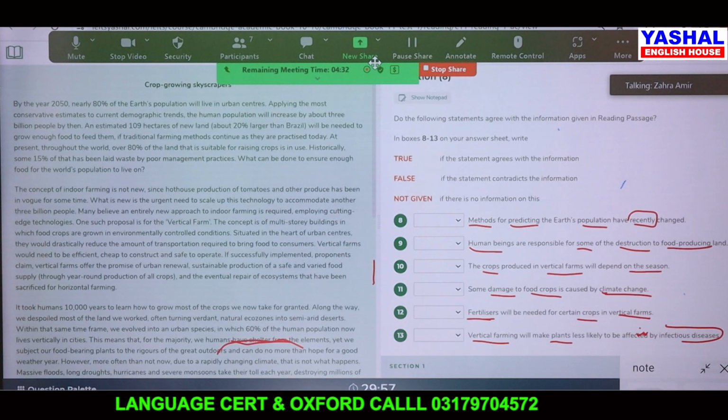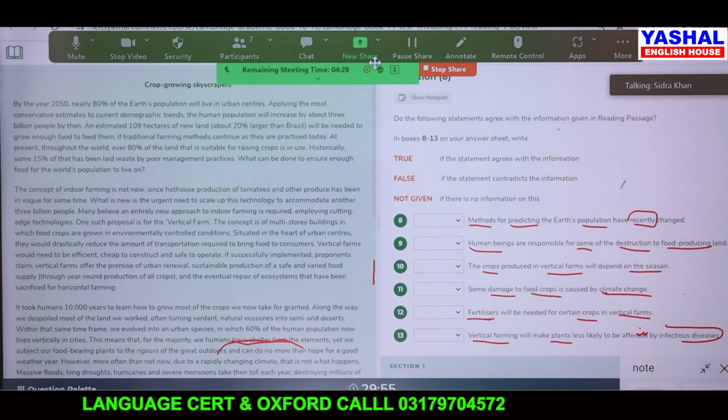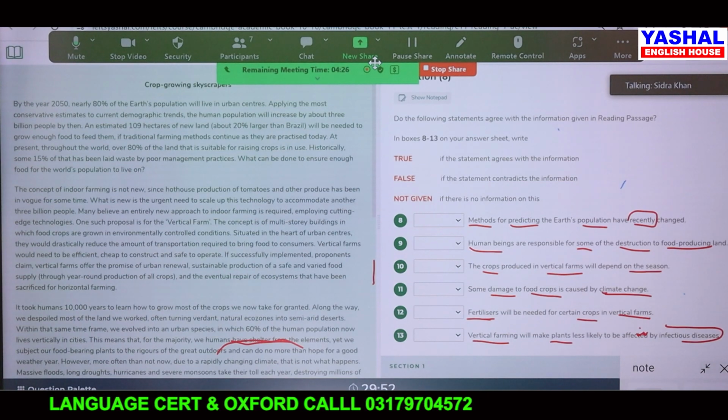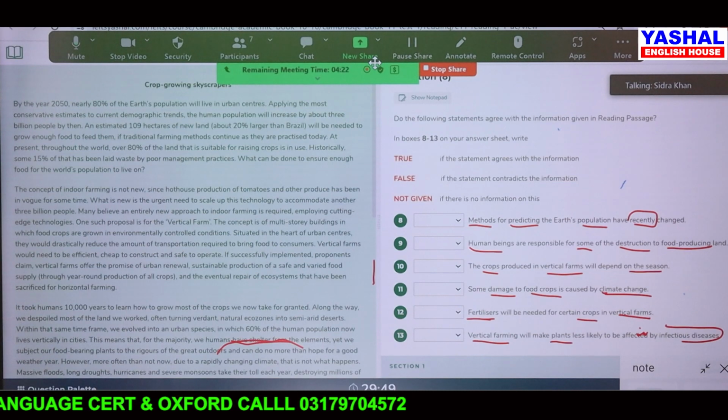Should we read the same passage again? Yes, you can read, but don't read completely or thoroughly. Just read the headings and find the keywords. If you're finding any keywords, then read it. If you're not finding any keywords, then skip these paragraphs. Move on to the next one.